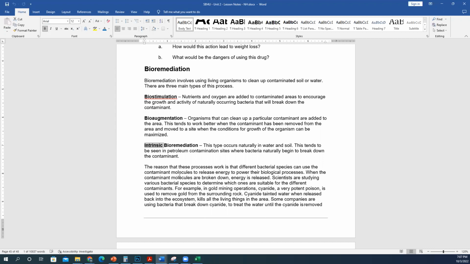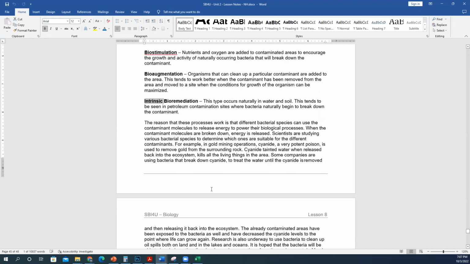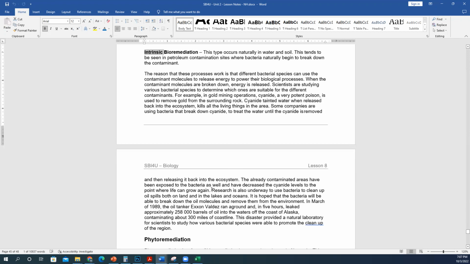Now, some companies are using bacteria that are very good at breaking down cyanide to treat the water until a good deal of cyanide is removed, and then releasing that cleaned-up water back into the ecosystem.